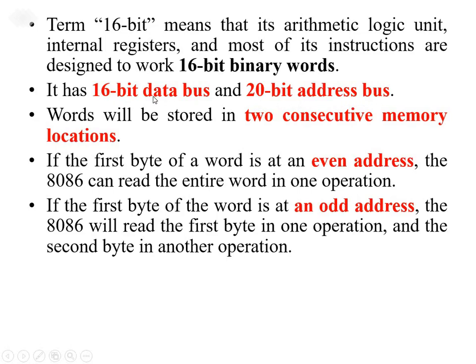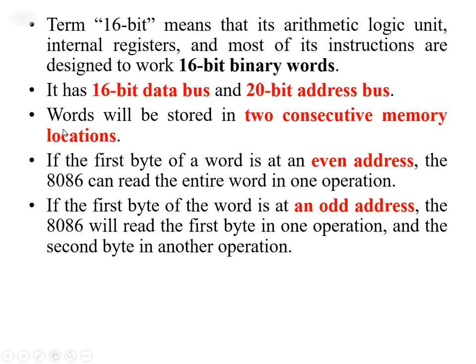The data bus carries the data from one register to another, right? So either you can send 8-bit data or 16-bit data. The address bus carries the addresses of the memory locations, and these addresses are 20-bit.